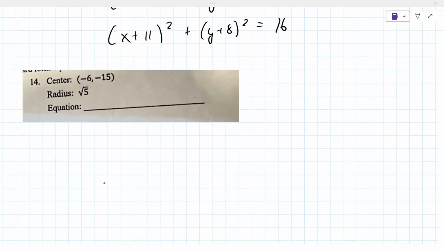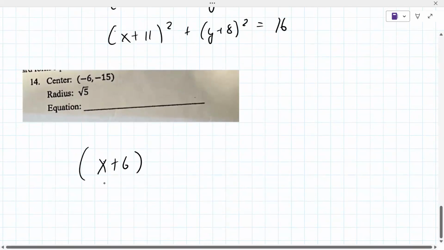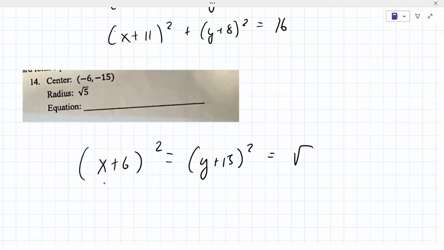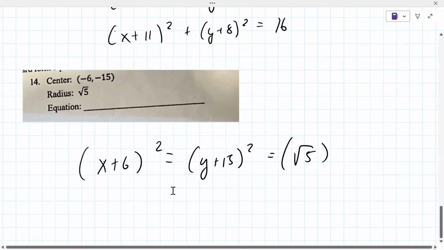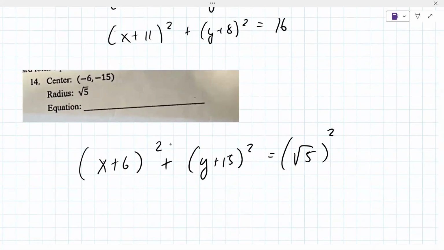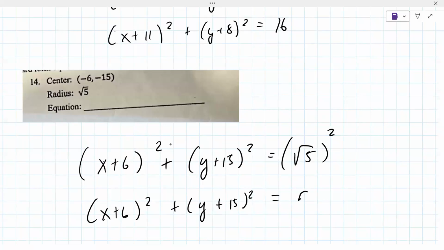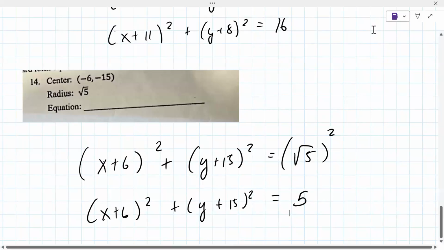Yes. So x plus 6 squared plus y plus 15 squared equals 5. Good. So you have to know the formula. You can't do it without the formula.